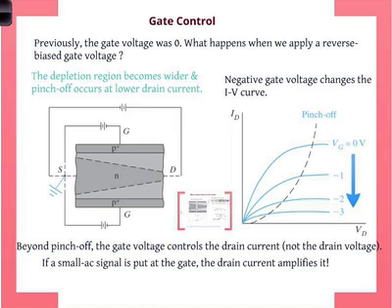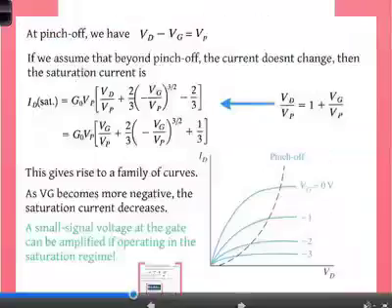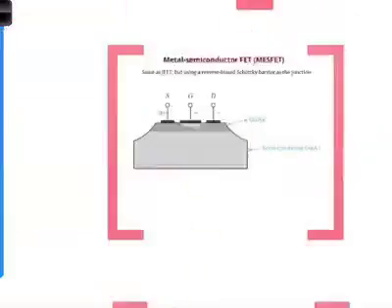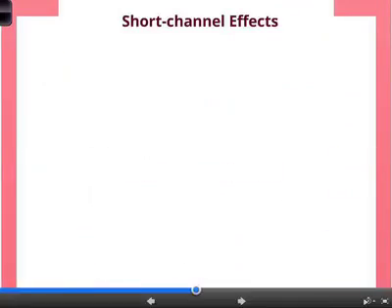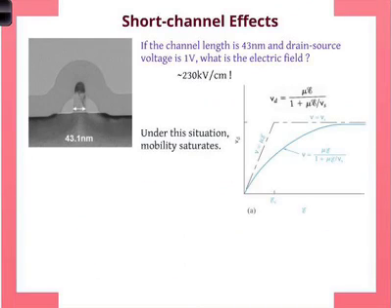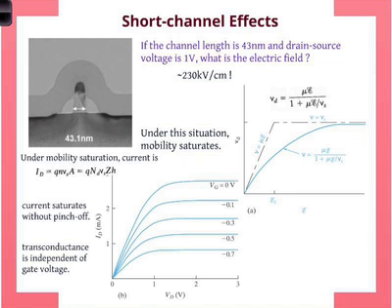In the case of saturation, this is a constant. Or weakly dependent. I mean, if you want to be very rigorous, it's weakly dependent upon the gate voltage. So those are the main things that happen to keep in mind.